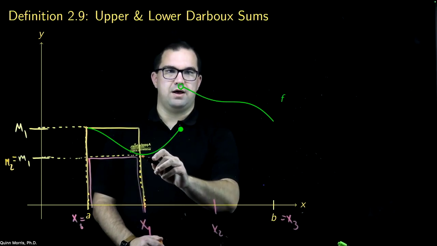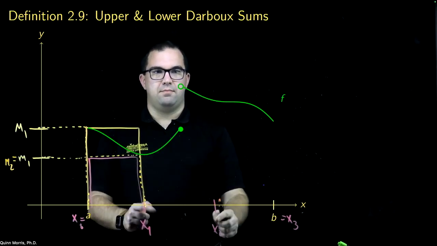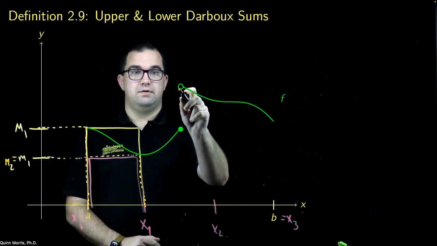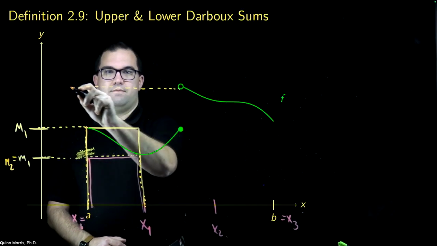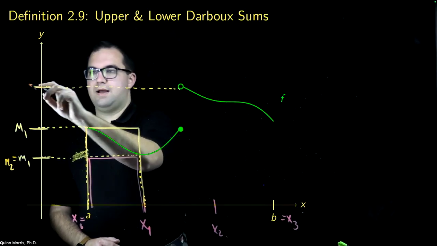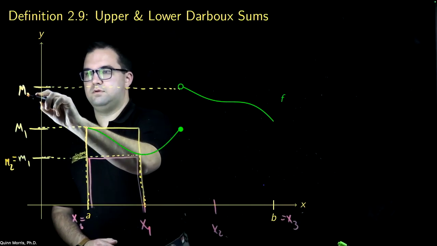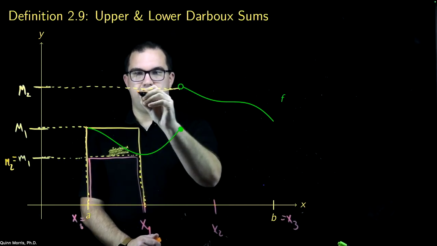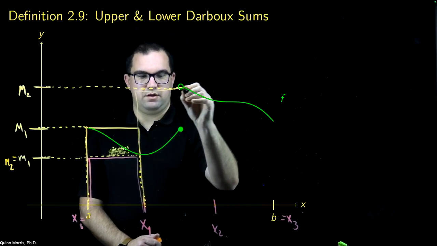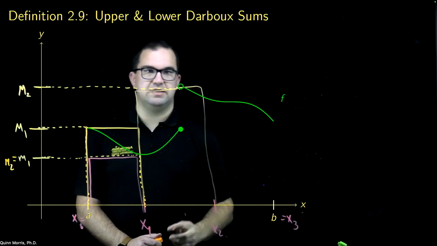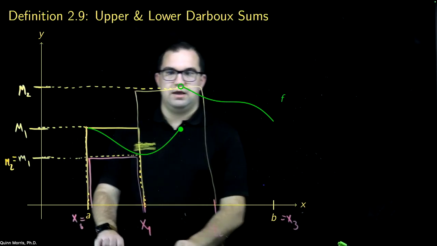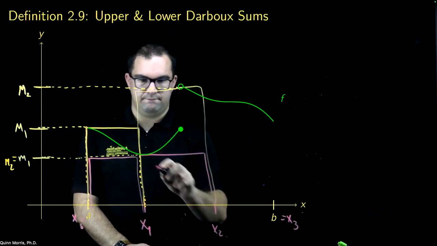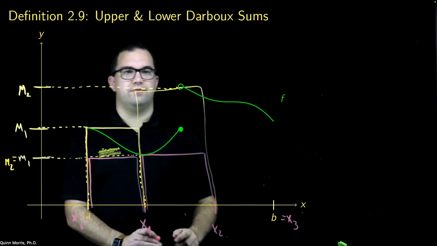But the maximum over this subinterval, or sorry, the supremum, is actually up here. This would be my capital M sub 2. And again, I could have an upper sum, which would use this as the rectangle, and a lower sum, which would use this as the rectangle.